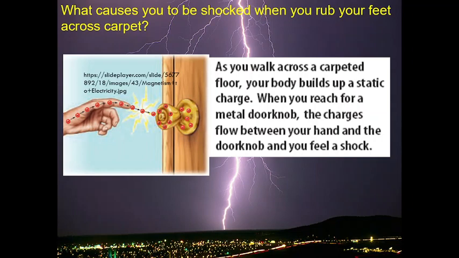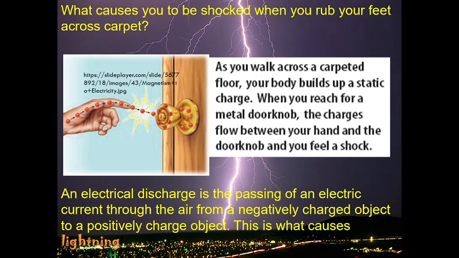When you reach for a metal doorknob, the charges flow between your hand and the doorknob and you feel a shock. An electrical discharge is a passing of an electric current through the air from a negatively charged object to a positively charged object, and this is what causes lightning.